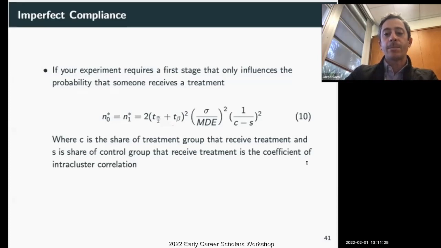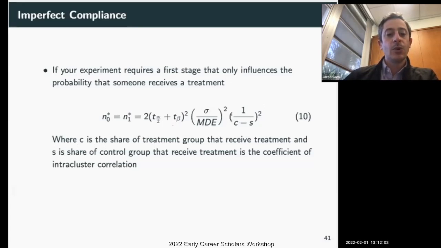If this is the case in your experiment, we revert back to our optimal N equation, but we're going to add on a different component here. This is the ratio of the difference between the treatment and the control groups to the difference in the probability of being treated in the treatment groups, which is an estimate of the causal effect of the treatment among compliers. Here C is the share of the treatment group that received treatment, and S is the share of the control group that received treatment.